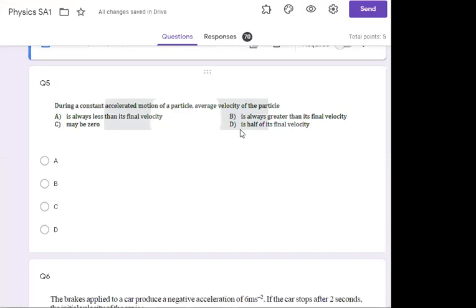You should be very clear with what is given, what is constant. ठीक है?